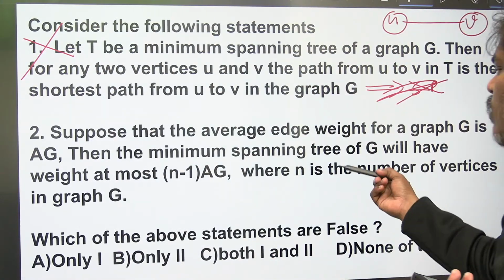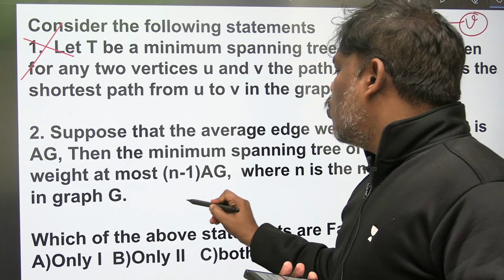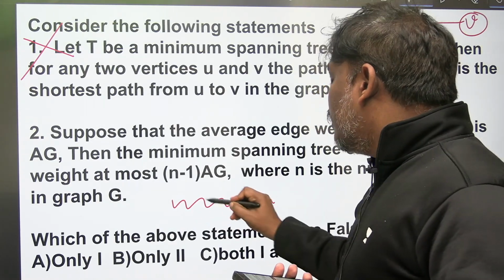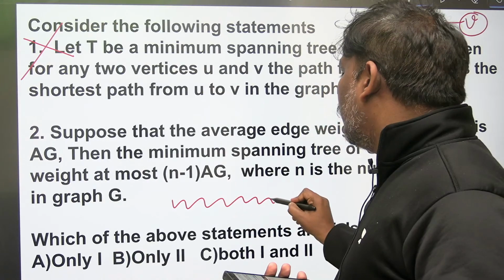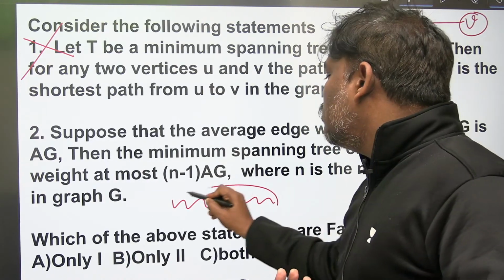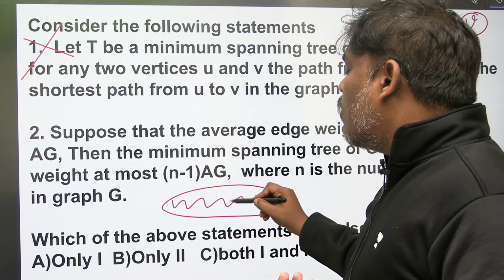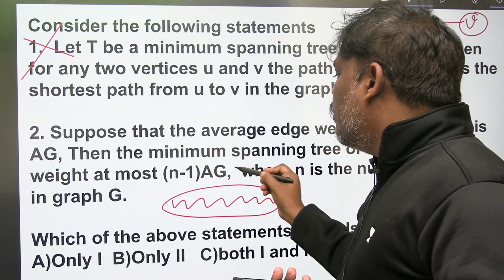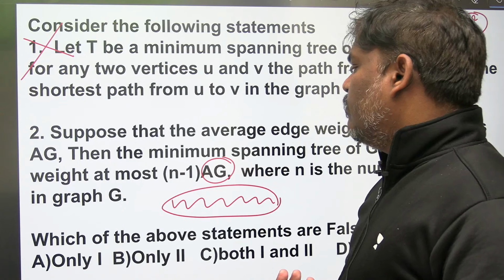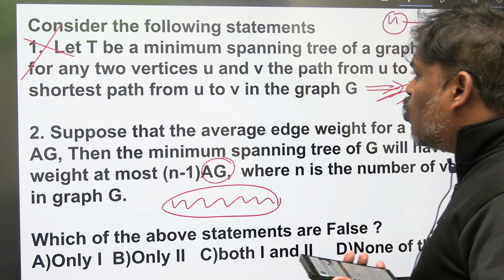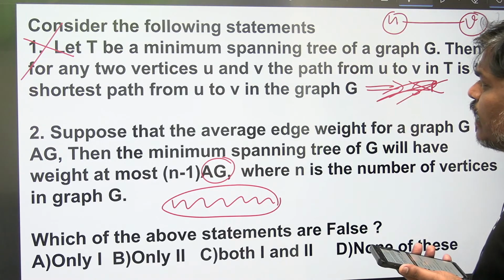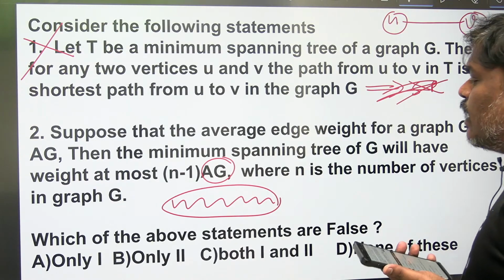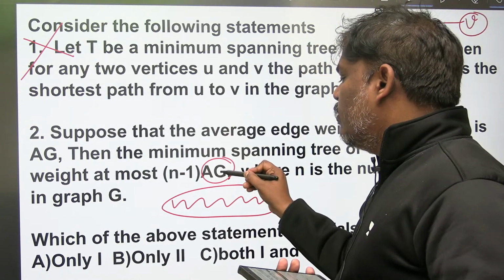And one more thing, listen. In the given graph so many edges are there, so find out the average edge weight first. Take all the edge weights, add them, divide by the total number of edges, and you will get the average edge weight.